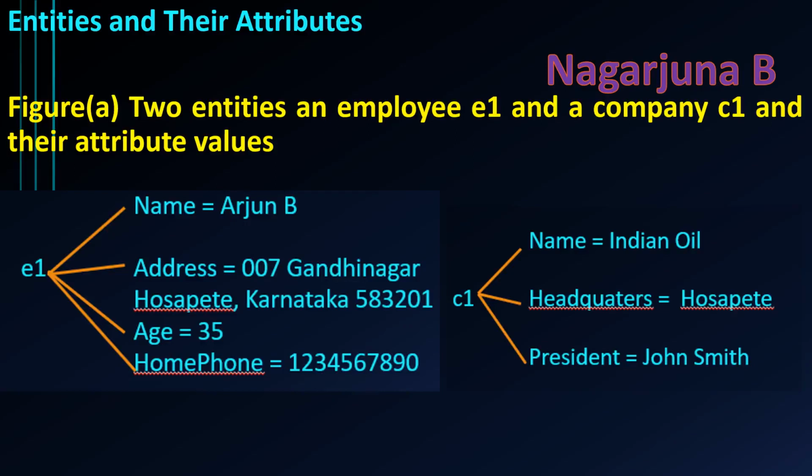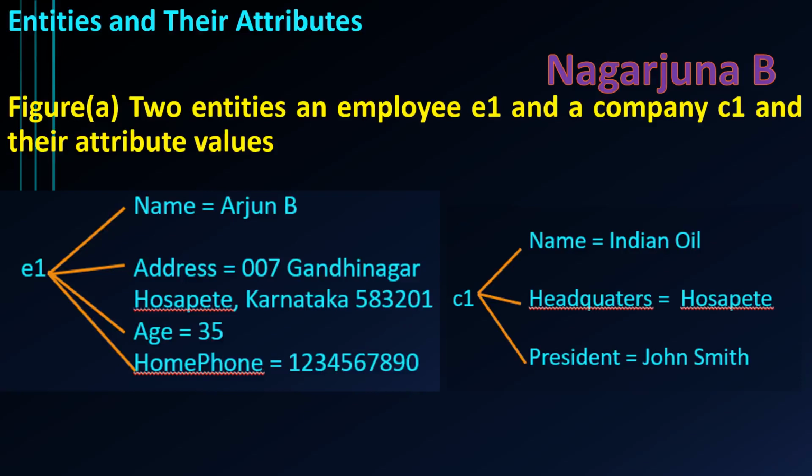Name is an attribute which has the value Indian Oil. Headquarters is an attribute which has the value Hospet. President is an attribute which has the value John Smith. So these are the three attributes name, headquarters and president of the entity company C1.